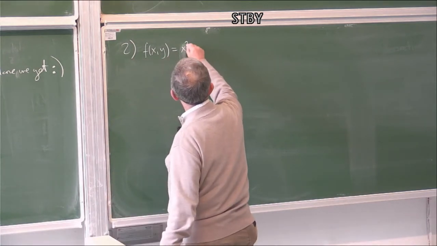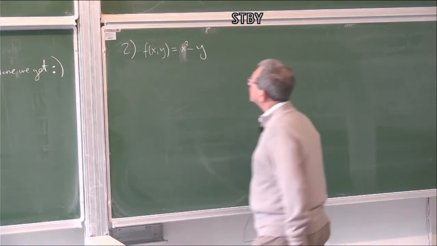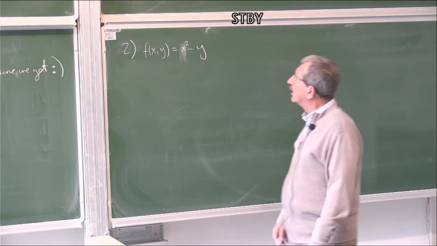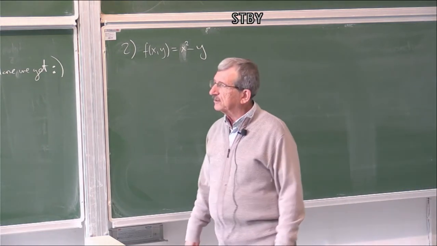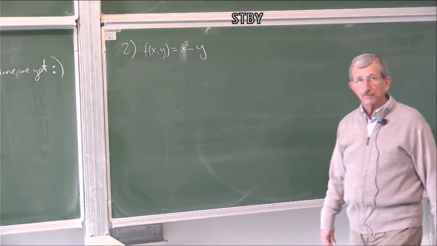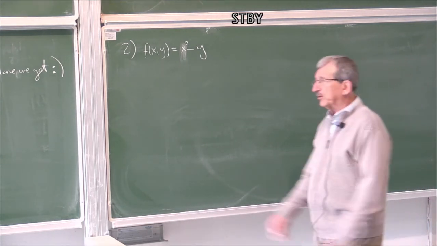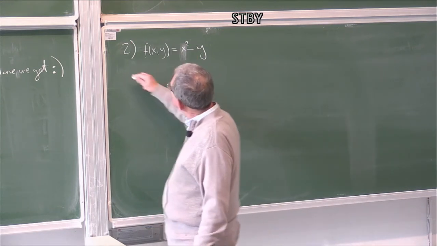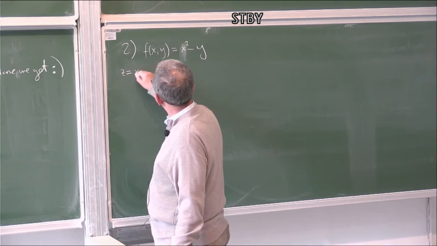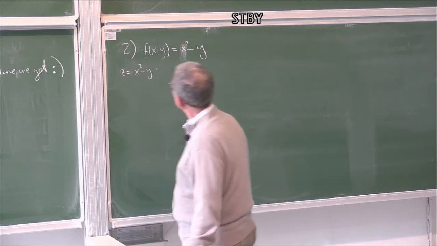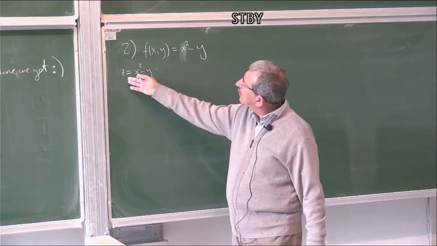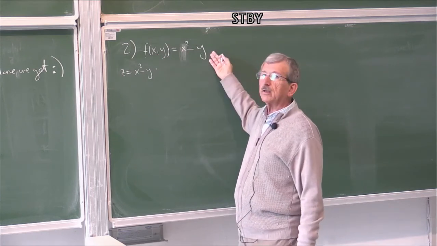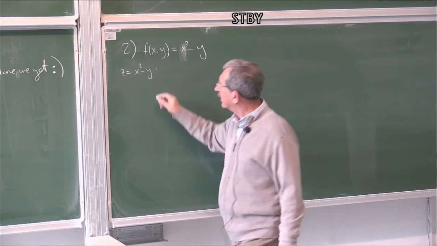It looks easier. Well, it's a polynomial of degree 2. Actually, it is a quadratic surface, but we didn't sketch it, so we can. Well, of course, that means z is x squared minus y, because the z value, if we look at the graph, is nothing but x squared minus y. So this is the case.